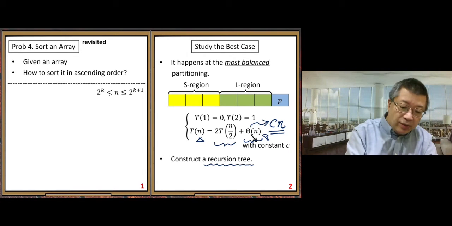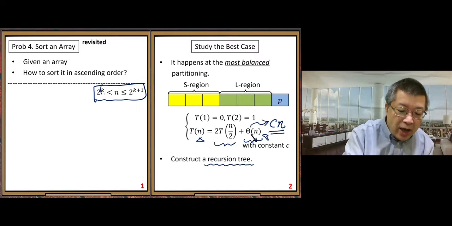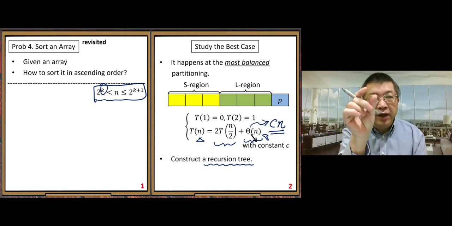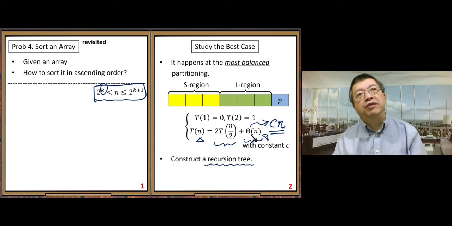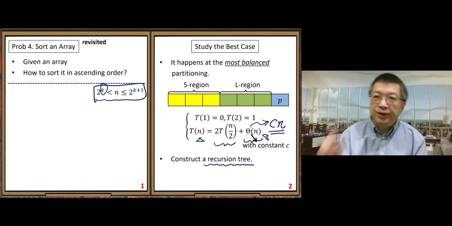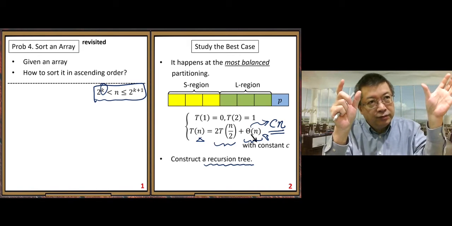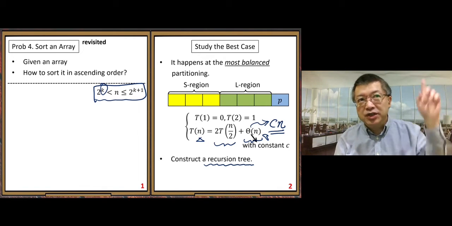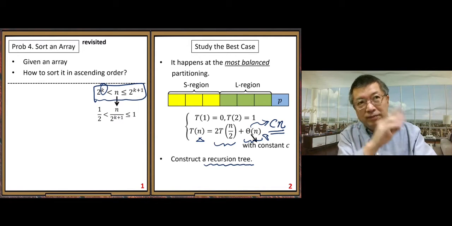To do that, we try to find an integer k such that the data size n is between 2 adjacent powers of 2: 2 to the kth and 2 to the k plus 1. We can do it, right? For any integer we can find such a k. Then we can estimate that k.